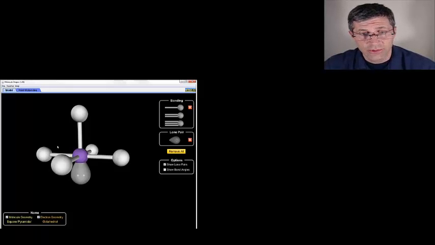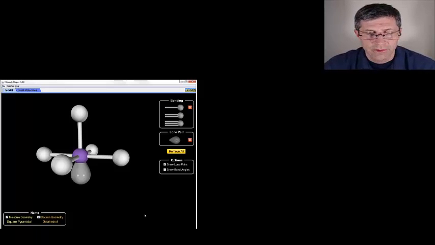So you can imagine a square coming off the bottom here and making a pyramid. So the shape of the molecule is going to be square pyramidal. My electron geometry remains octahedral. Notice the bond angles haven't changed.